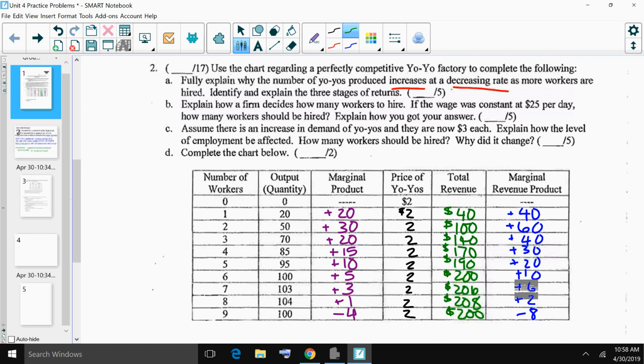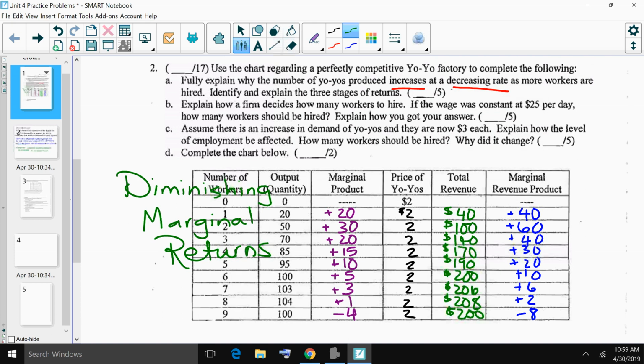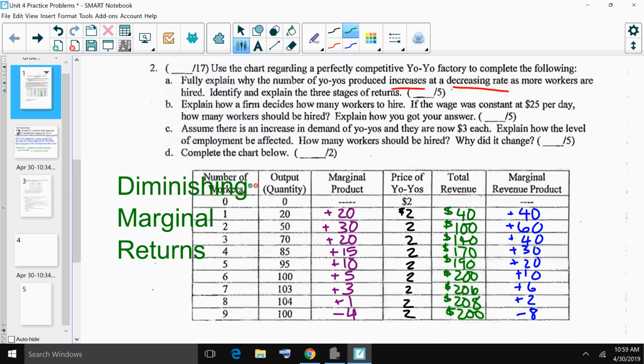And I want to make sure we understand that diminishing marginal returns tells us, right, that as we add more and more labor without changing our capital, we are not going to experience the same growth.